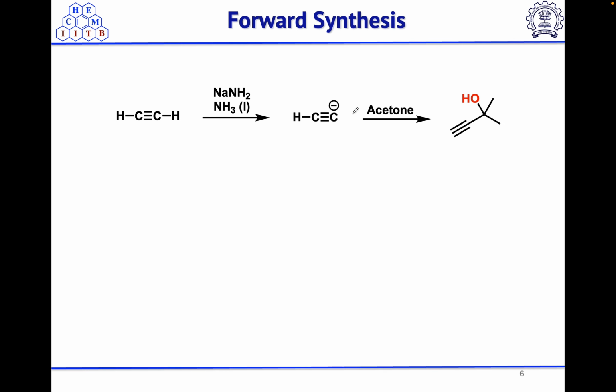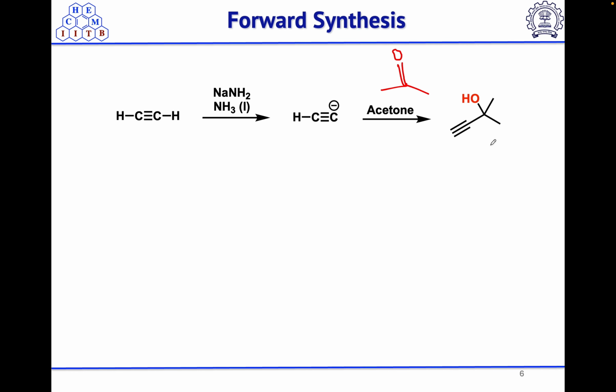So if you treat it with acetone, you will easily get this 1,2-addition product. There is only one possibility, 1,2-addition, and no possibility for 1,4-addition. So you get this tertiary alcohol.